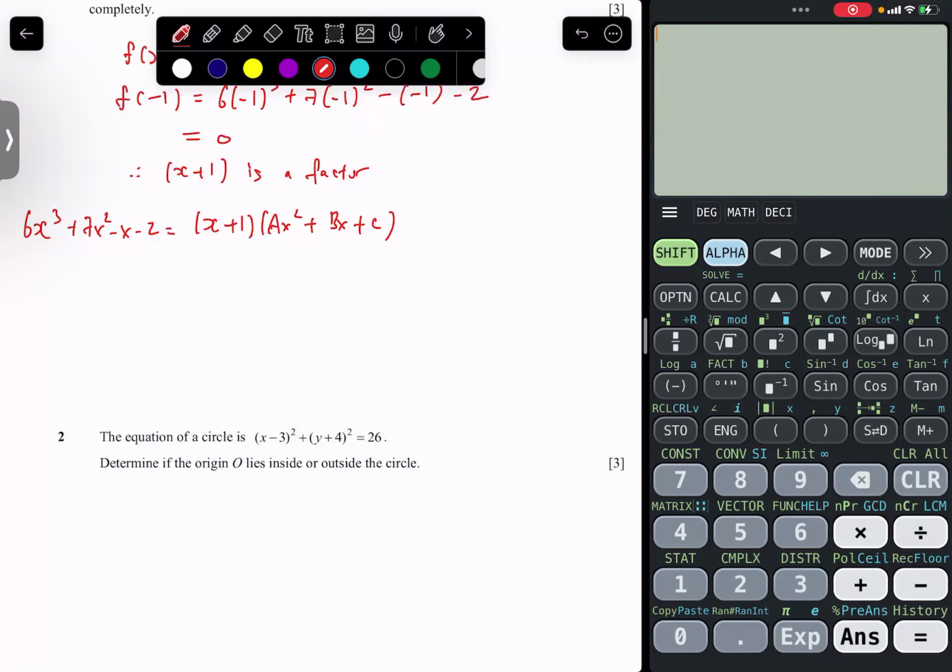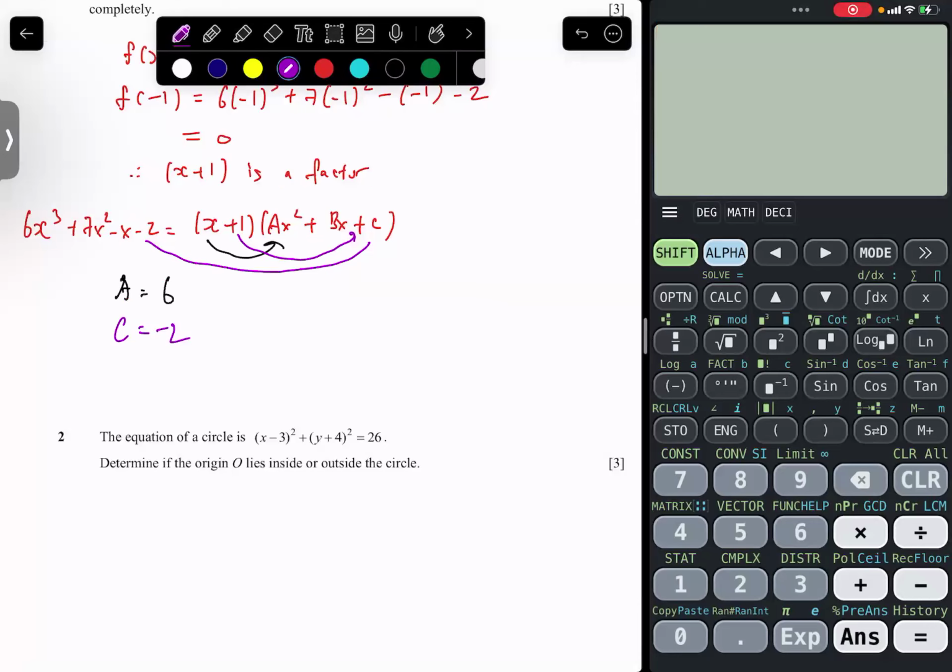So by comparison, the coefficient of x cubed can only be attained by taking x times ax squared. So we can conclude that a equals 6. As well, we can compare the constant term -2, which must equal c, because 1 times c gives me the number term. So c equals -2. Now to find the b in between, I can just substitute in any other value.